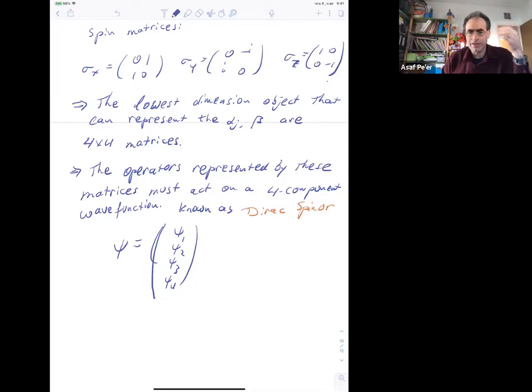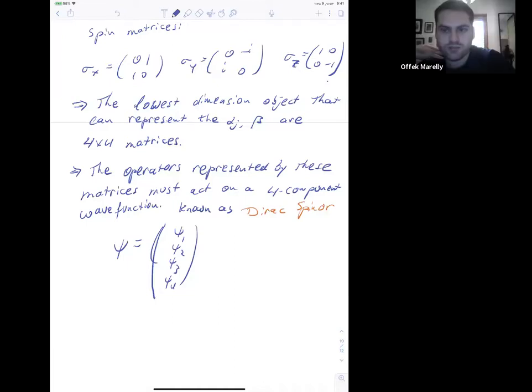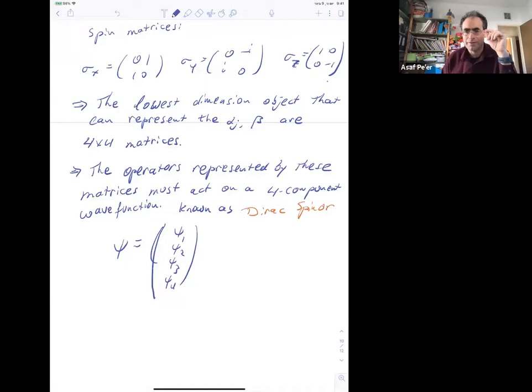Just out of curiosity, do you guess what these 4 degrees of freedom would correspond to in real life? The spatial coordinates in time? No. These are 4 independent degrees of freedom of the wave function. In fact, for each Dirac equation, we have 4 independent solutions for the same equation.